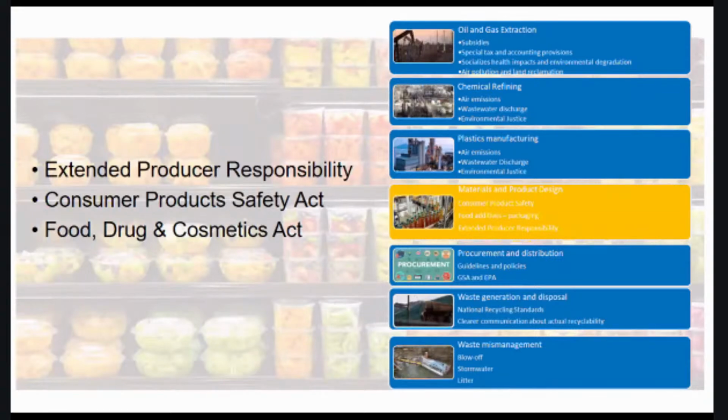The challenge there is to make sure that appropriate pricing signals are sent so that those manufacturers don't simply make the calculus that it's better for them to just pay a fine than to actually take that full responsibility throughout the product life cycle. We can also look at tools under the Food, Drug, and Cosmetics Act to think about leaching into different chemicals that would be leaching into food products. And other forms of consumer product safety.